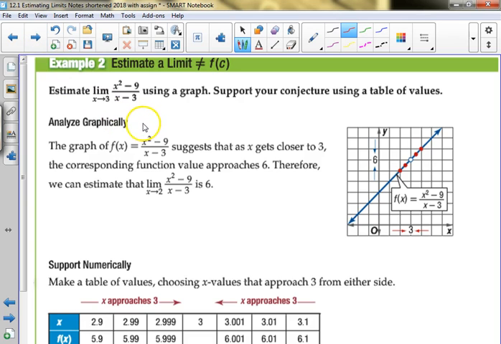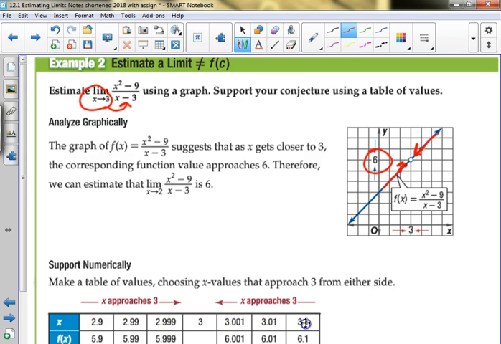So this is an example of that. This graph, I can't do direct substitution. A 3 would make the denominator 0, okay? It is undefined at 3. But if we graph it, we can see what the y value is doing as x gets close to 3. Looks like it's getting close to 6. Then we try values in our table close to 3: 2.9, 2.99, 2.999.